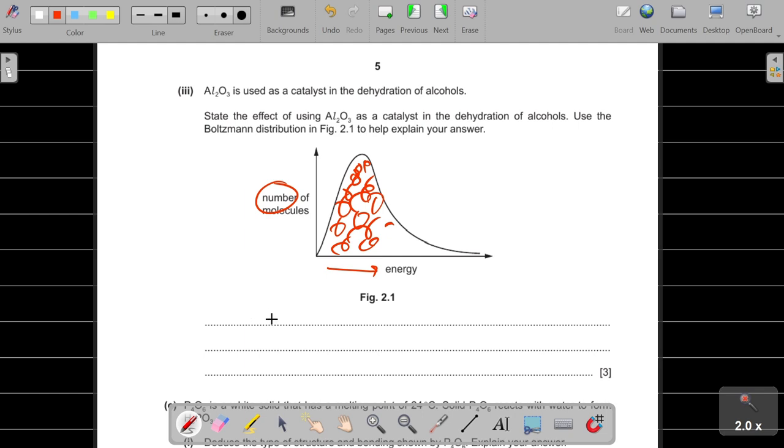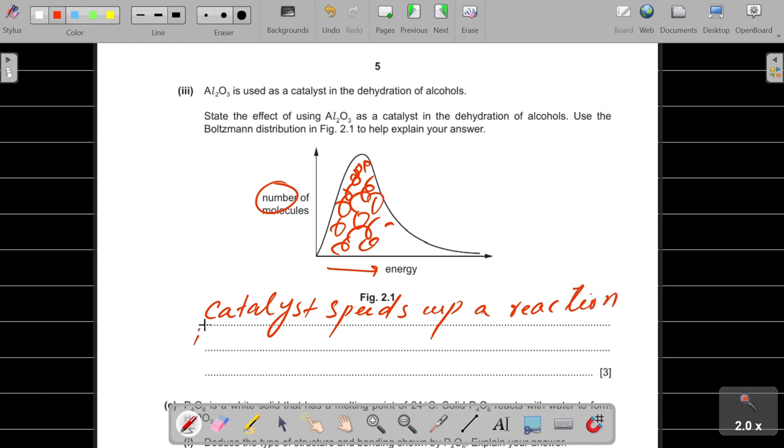You know, a catalyst speeds up a chemical reaction, okay? How?